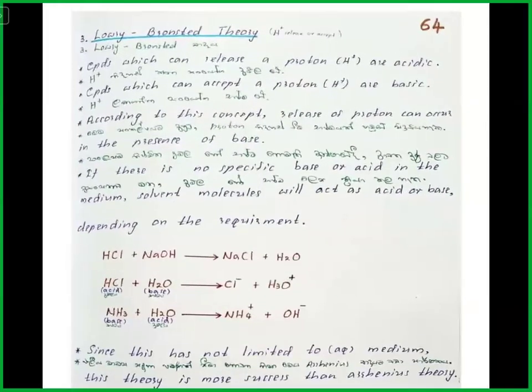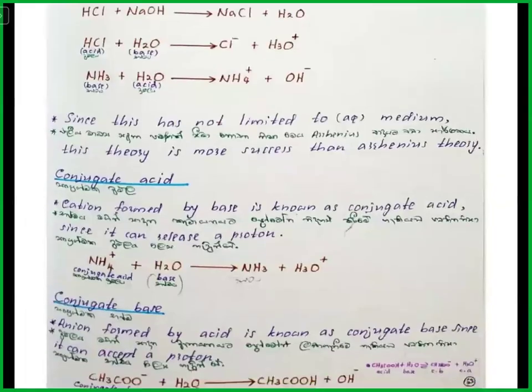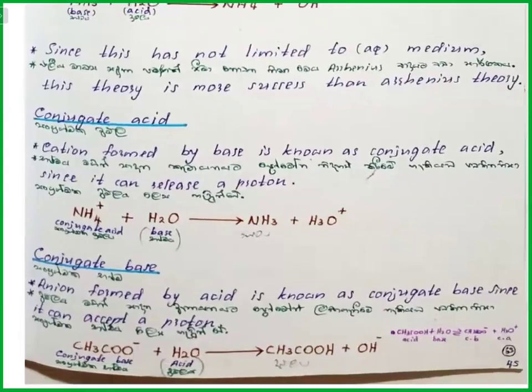Lowry-Bronsted is the best one. He's only talking about H pluses, accepting H plus bases, releasing H plus acids. And then he talks about conjugate acid and conjugate base. Conjugate means you have a normal acid or base.